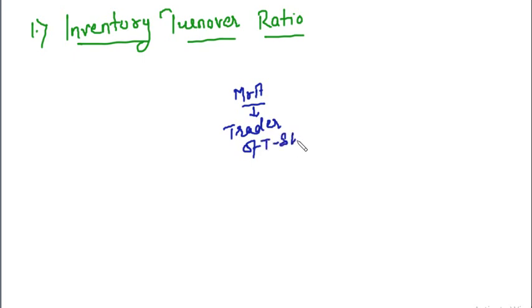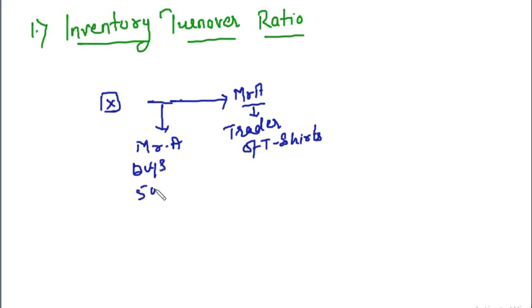Mr. A buys t-shirts from X. Mr. A buys 5,000 t-shirts from X at the rate of, say, rupees 1,000 per t-shirt.